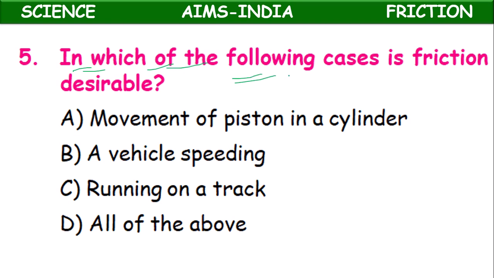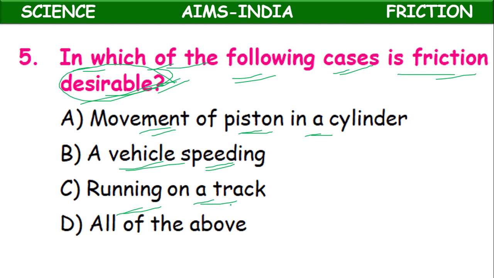In which of the following cases is friction desirable? Desirable means it's advisable, it's useful. Movement of a piston in a cylinder, a vehicle speeding, running on a track, all the above.